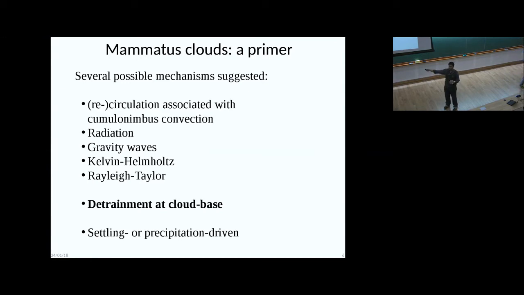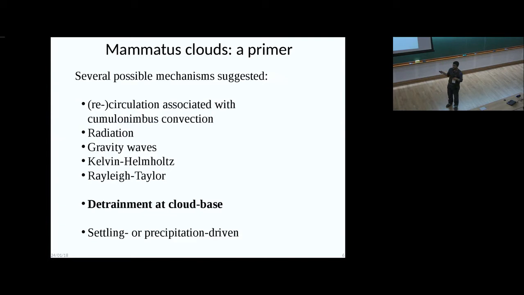Okay, so since people have been looking at this problem for a long time, several possible mechanisms have been attributed to how these things can be created. One thing is recirculation associated with the convection itself. If you have a deep updraft of that kind, somewhere it has to come down, and that coming down causes a density imbalance, and that causes the thing to over-topple.